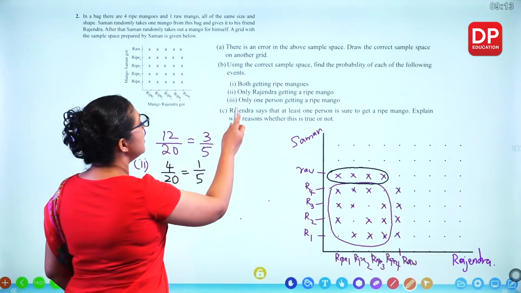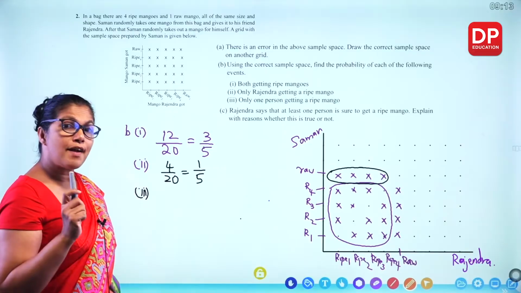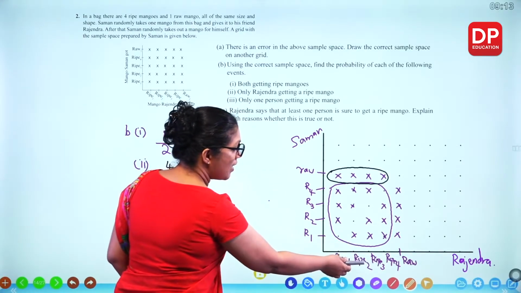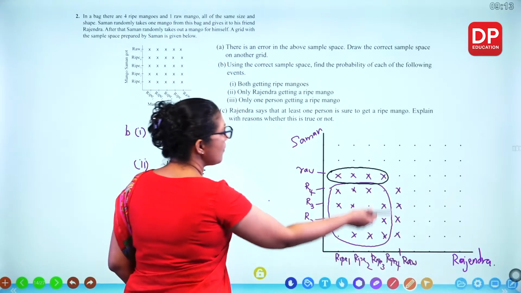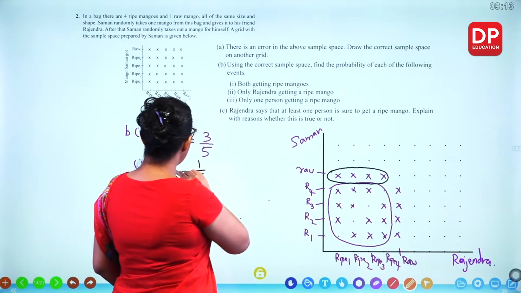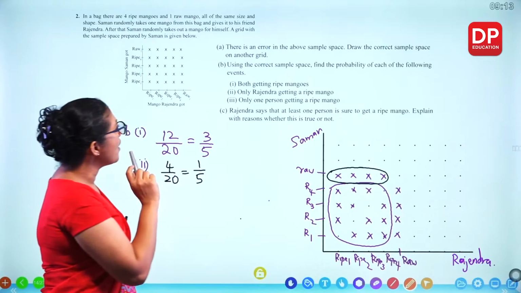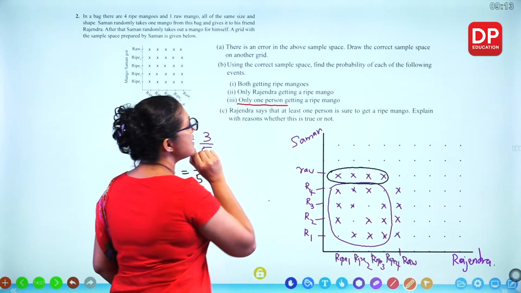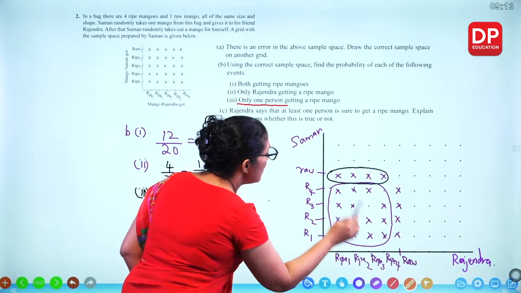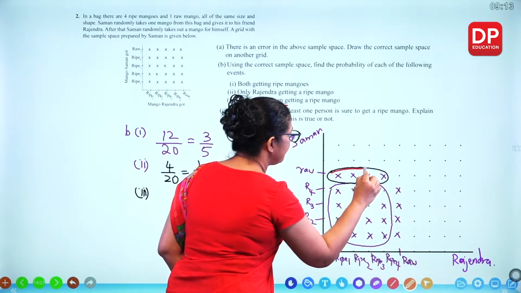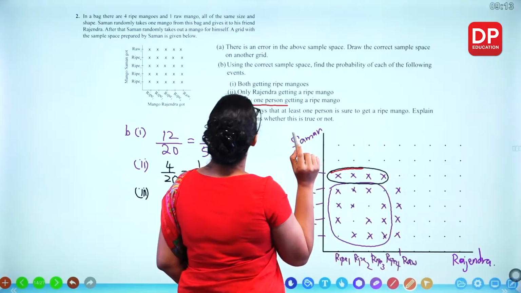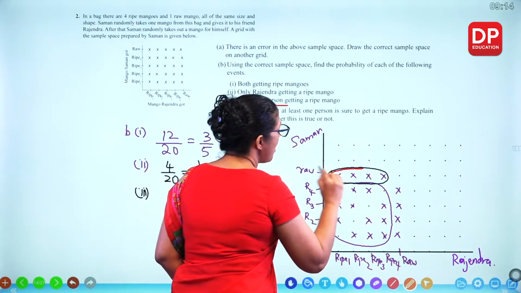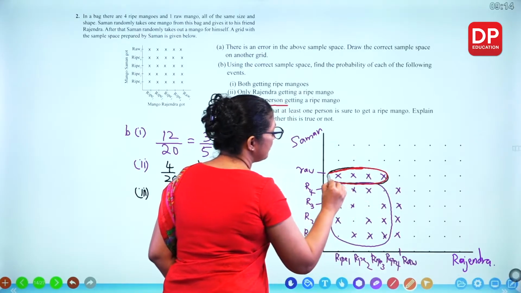So here, this whole set as well as this whole set. Third part, only one person getting a ripe mango. That means if Rajendra gets ripe one, this person will get raw one. So here only one person is getting a ripe mango, so you are getting this part.